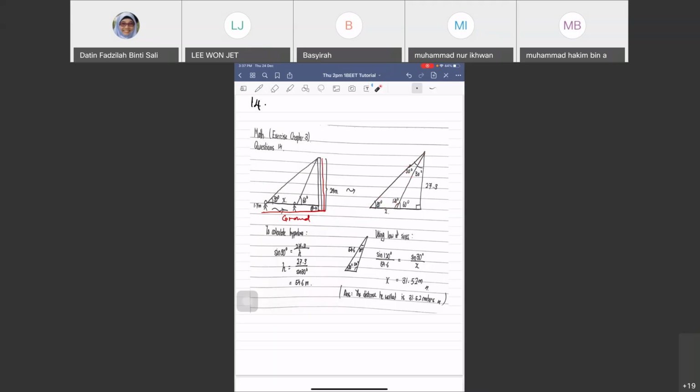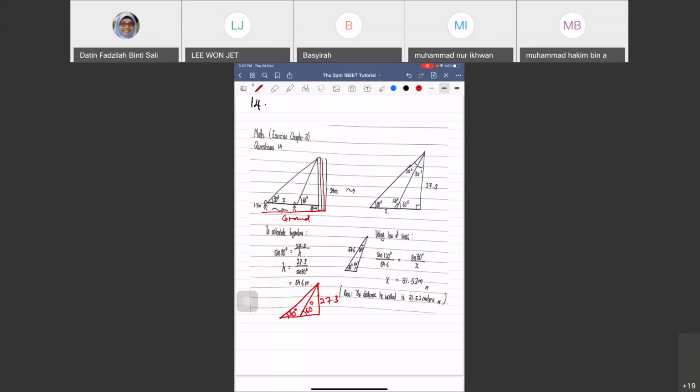Another way perhaps is, because you are given these two triangles, you can just use these two triangles without finding all this. It means just use whatever is given from the question. So you have something like this. This is 30, this is 60, and this is 27.3.